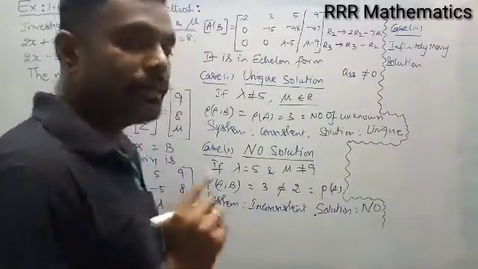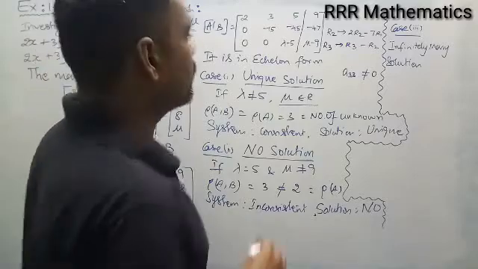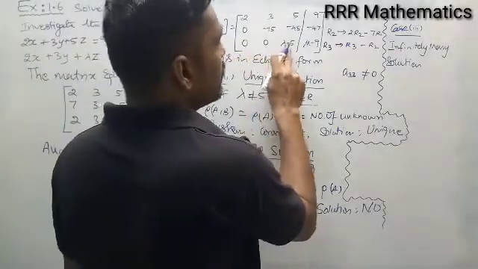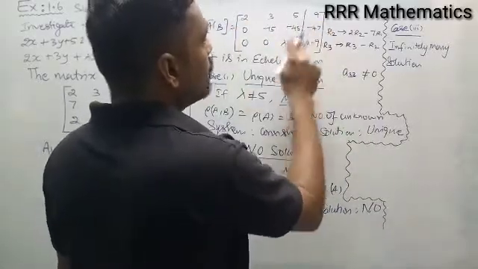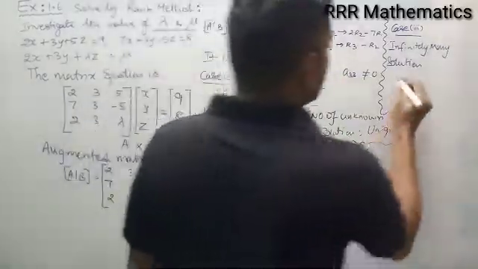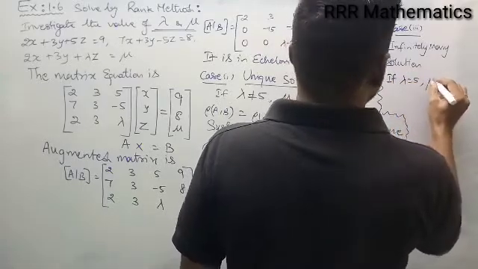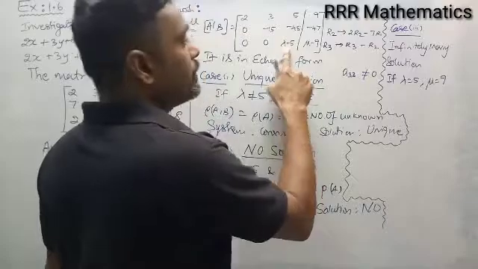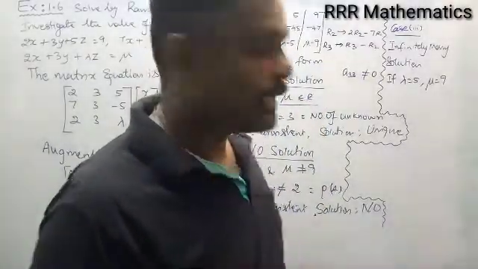So in this case, rank of A comma B and rank of A are equal, but less than the number of unknowns. Already this is 0, this is 0. When these two become 0, the rank of A comma B is 2 and rank of A is also 2. So if lambda equal to 5 and I will take mu equal to 9. In this case, I am taking lambda and mu as particular values.